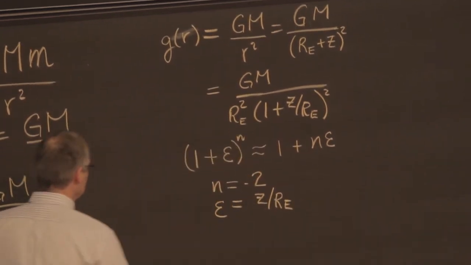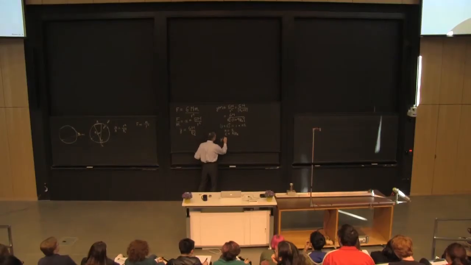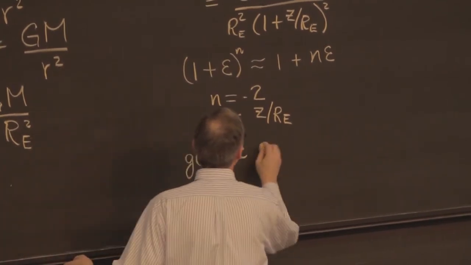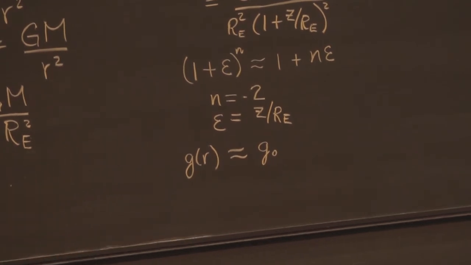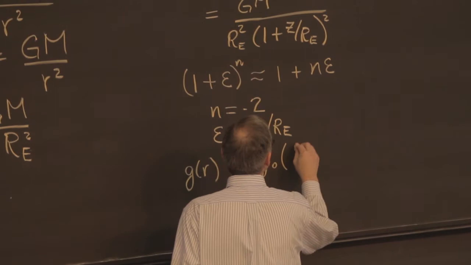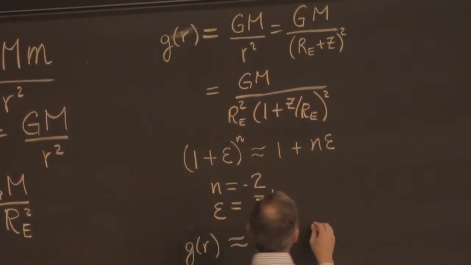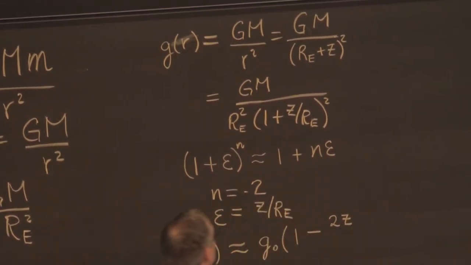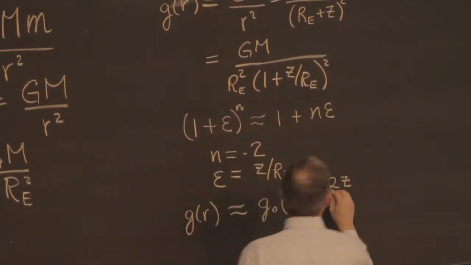And so we get that g, correcting for elevation, is approximately g naught, the value at the surface of the Earth, times 1 minus 2 z over R_E.